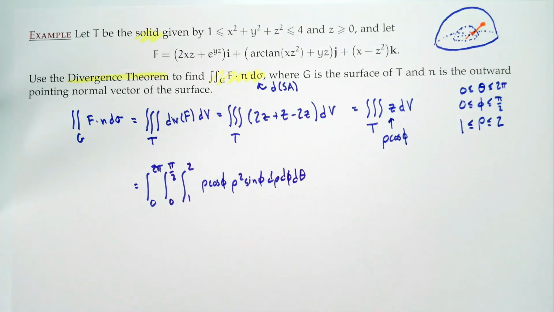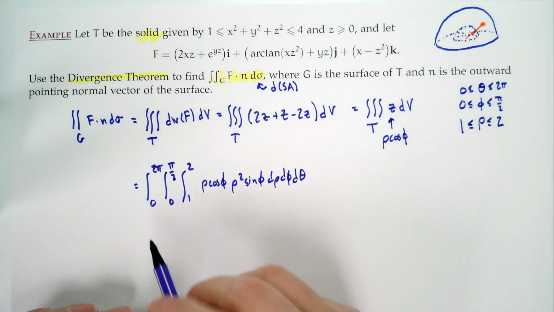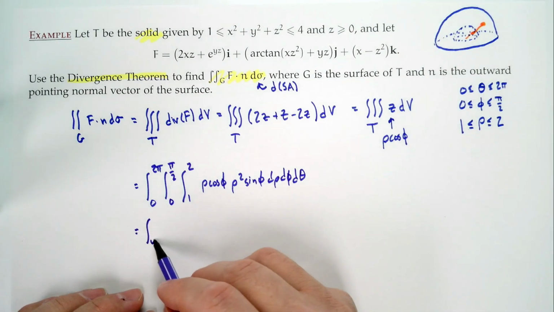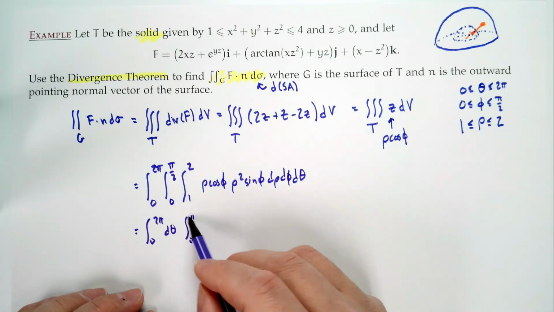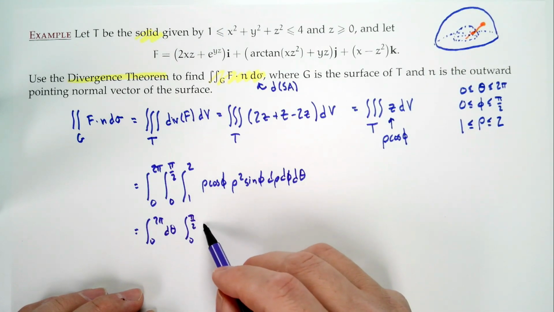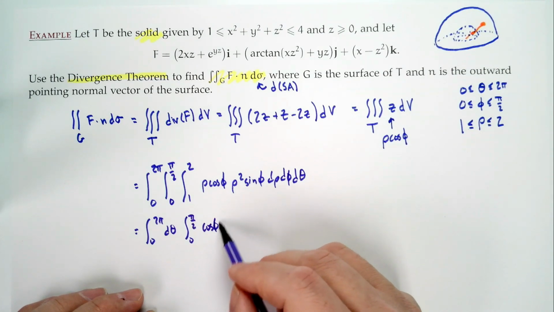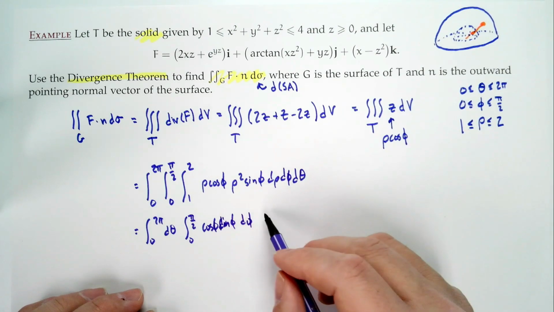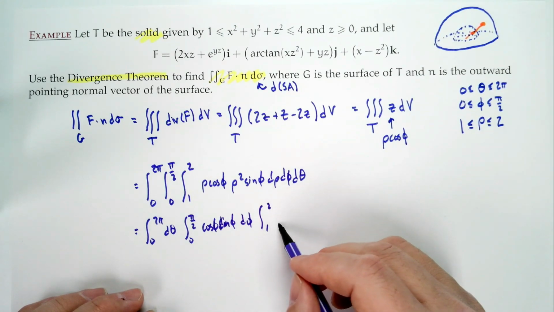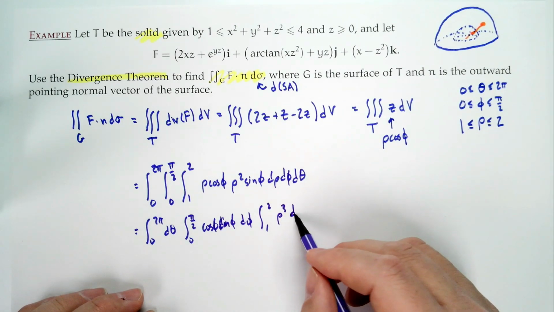Again, we can do something like what we just did, which is we can break things up. So we get the integral from 0 to 2 pi of d theta. We get the integral from 0 to pi over 2 of cosine phi, sine phi, d phi, and the integral from 1 to 2 of rho cubed d rho.